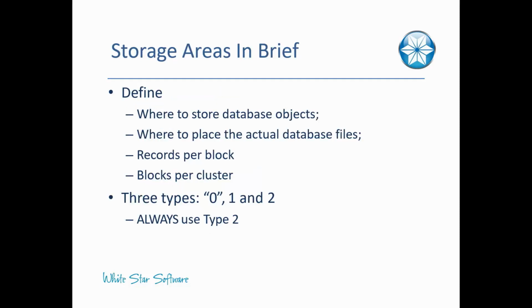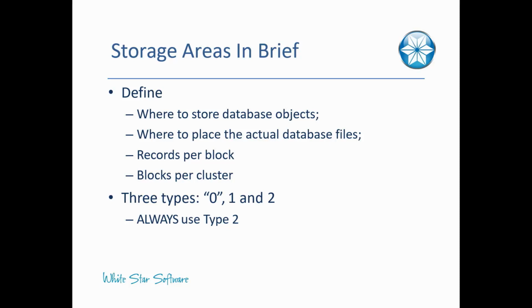So storage area, in brief, it's basically where we define where to store our database objects, where to put our tables, our indexes, and stuff like that. It allows us to place them in specific physical database files. It's also where we can define how many records per block can exist in that storage area, or how many blocks per cluster.